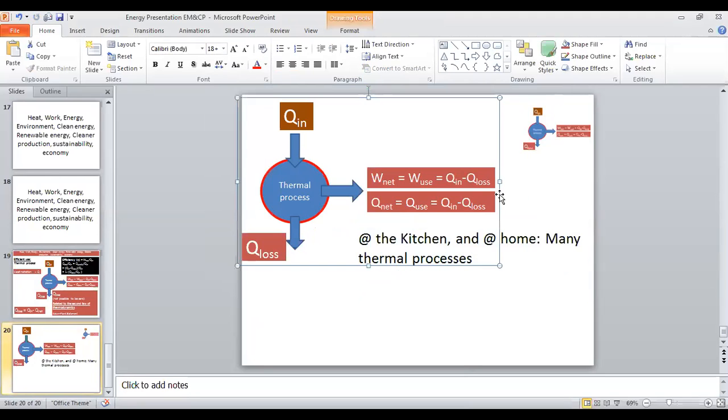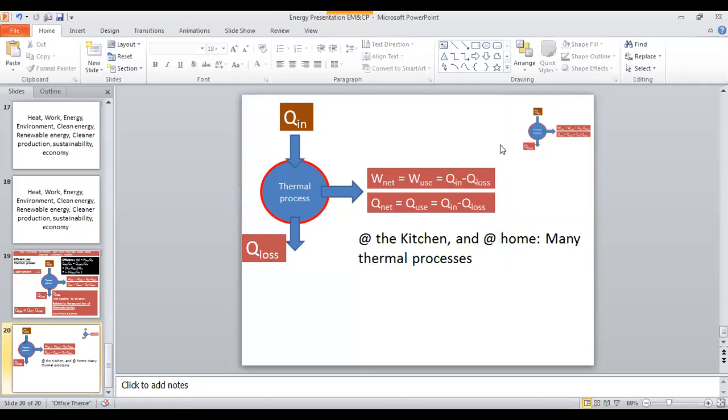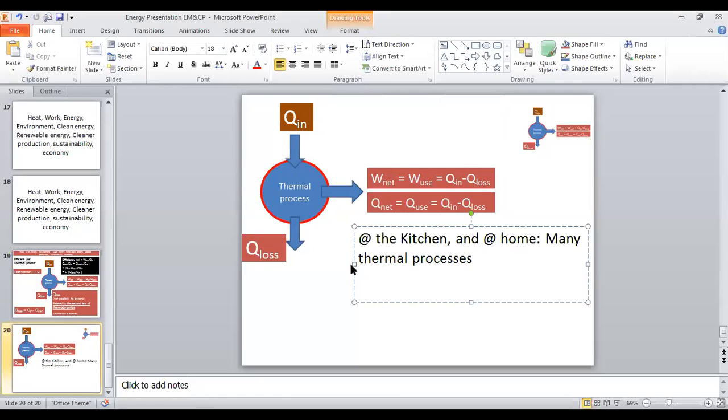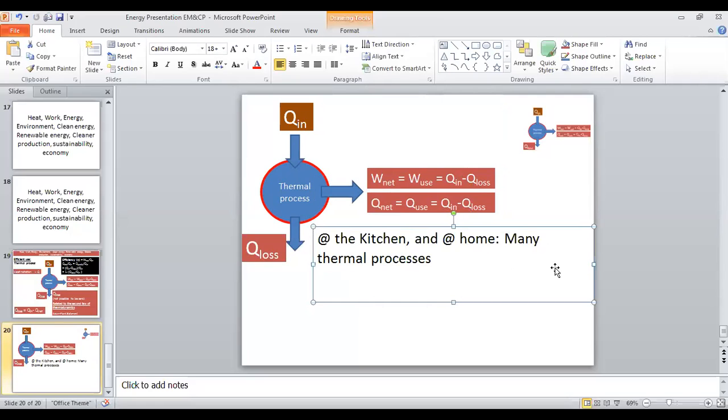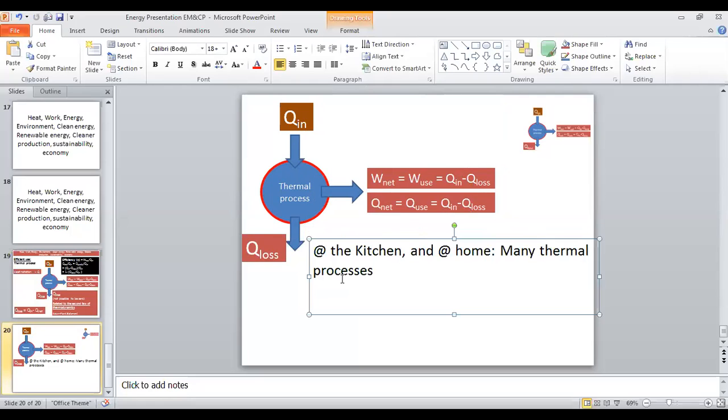Millions of kitchens, not just one. How many houses? Millions of houses.